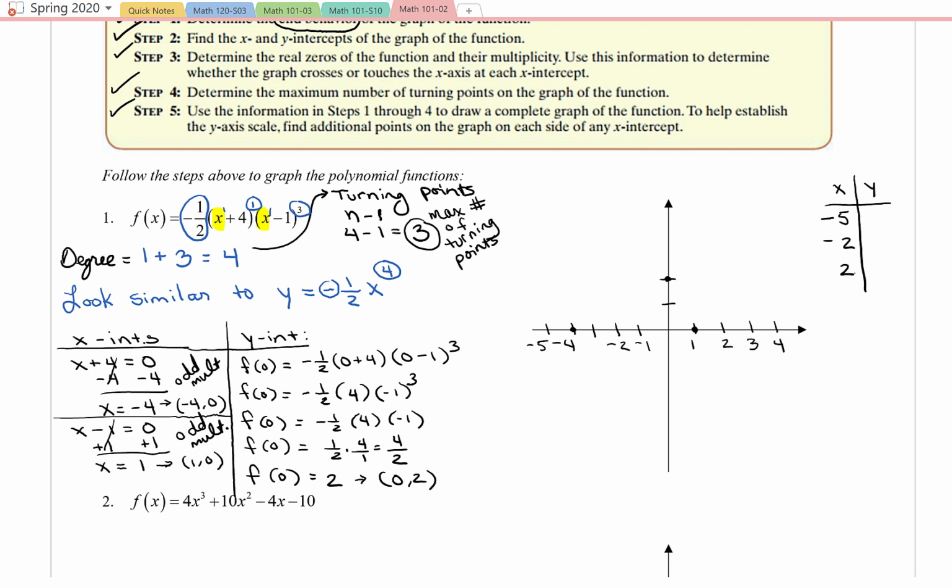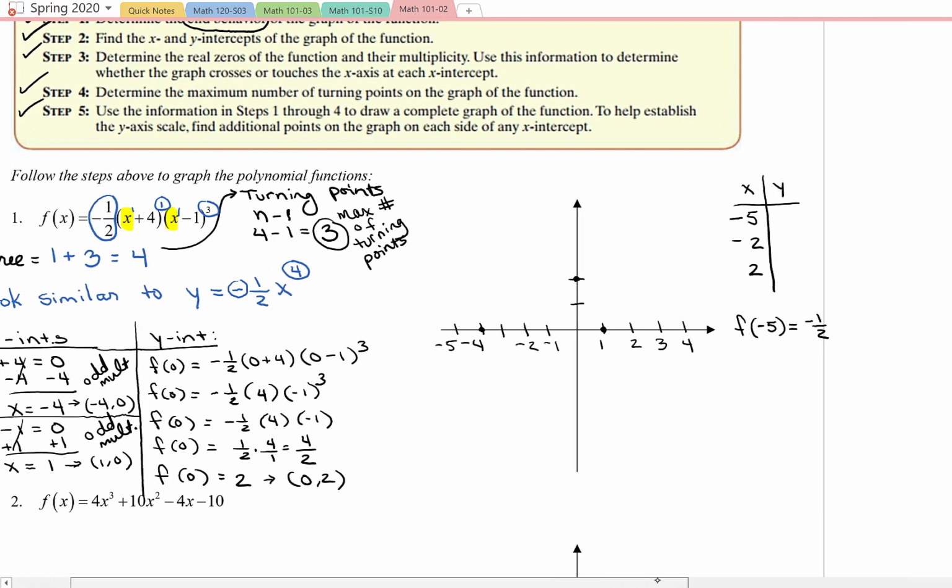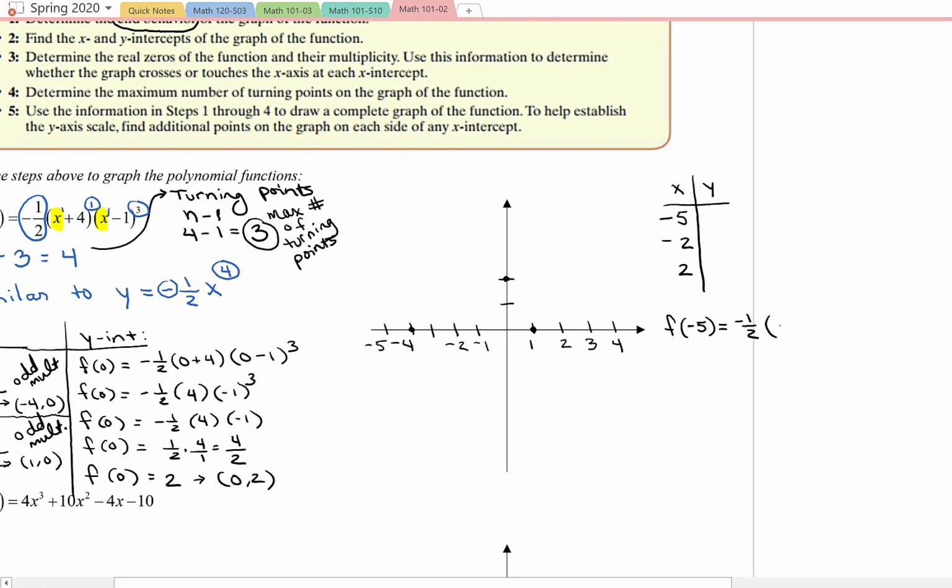All right, so in order to find these ordered pairs, I'm going to have to substitute the values that I chose here for x. So if I plug in -5 for x, f of -5 is going to be equal to -1/2 times -1 times -6 raised to the third.